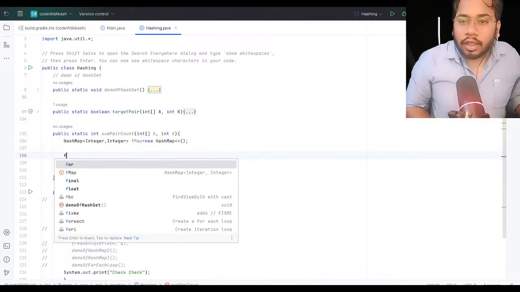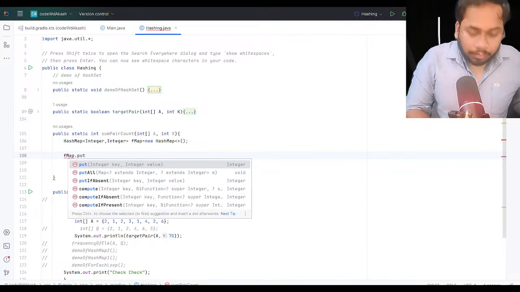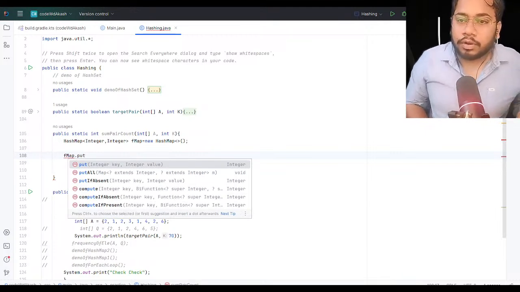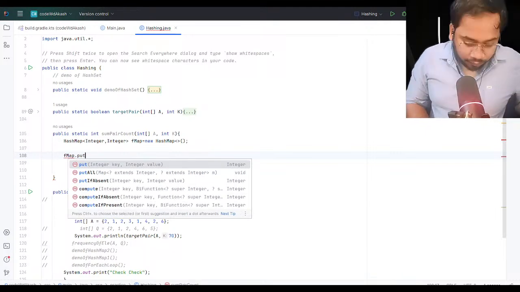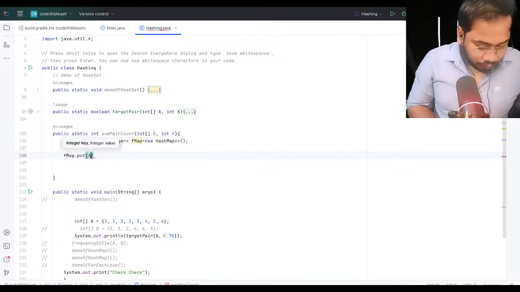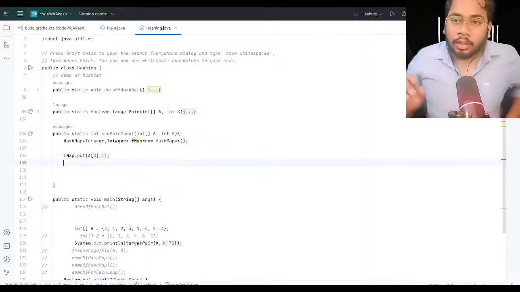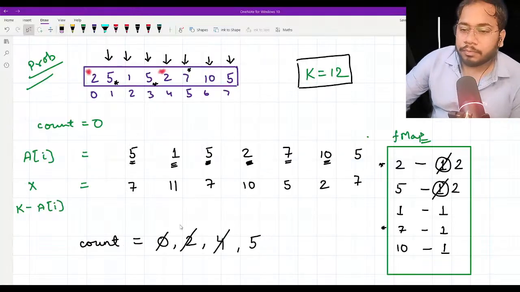First value has to be put in the hash map directly. So what we can do? A of 0. Okay, and we have to take the frequency as well. So let's go and check as well.